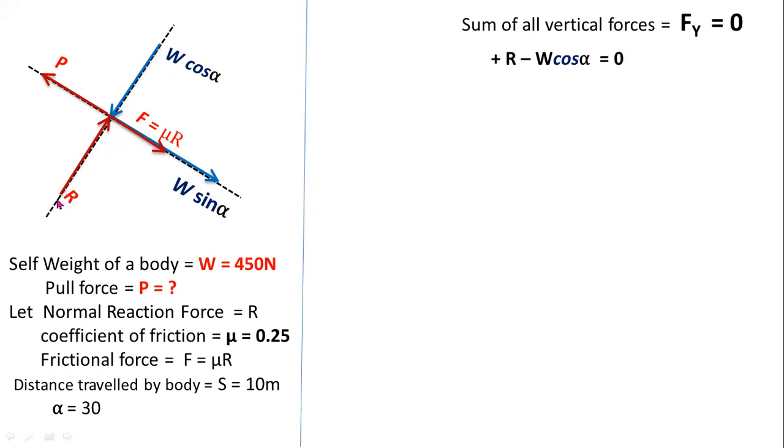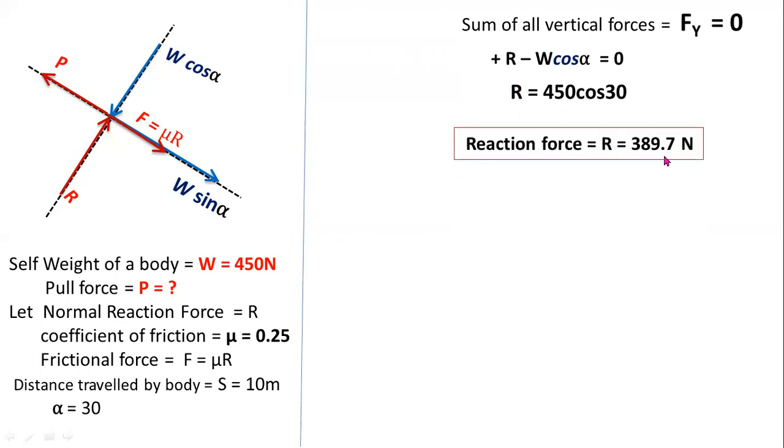For upward direction you consider positive sign, for downward direction negative sign. R equal to 450 cos 30, R equal to 389.7 newtons. This is the value of the reaction force.